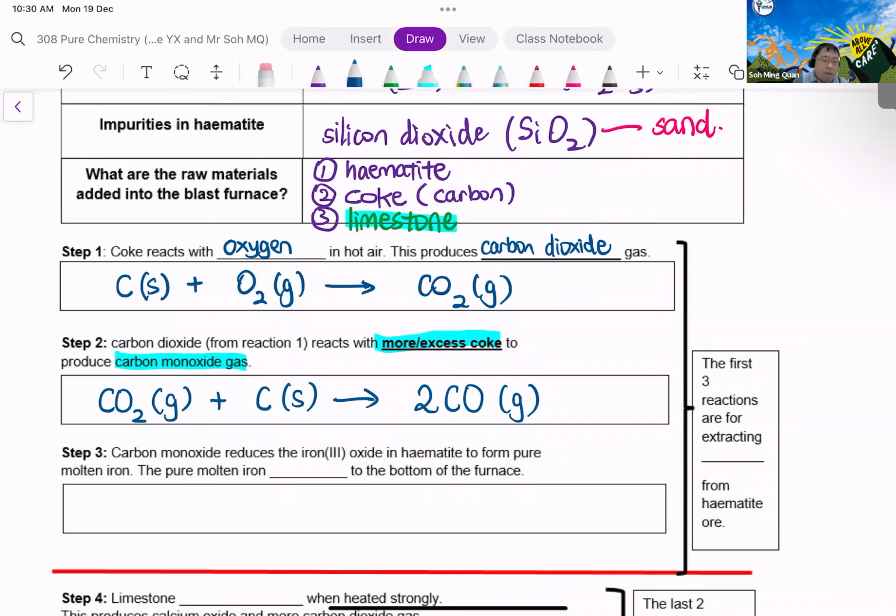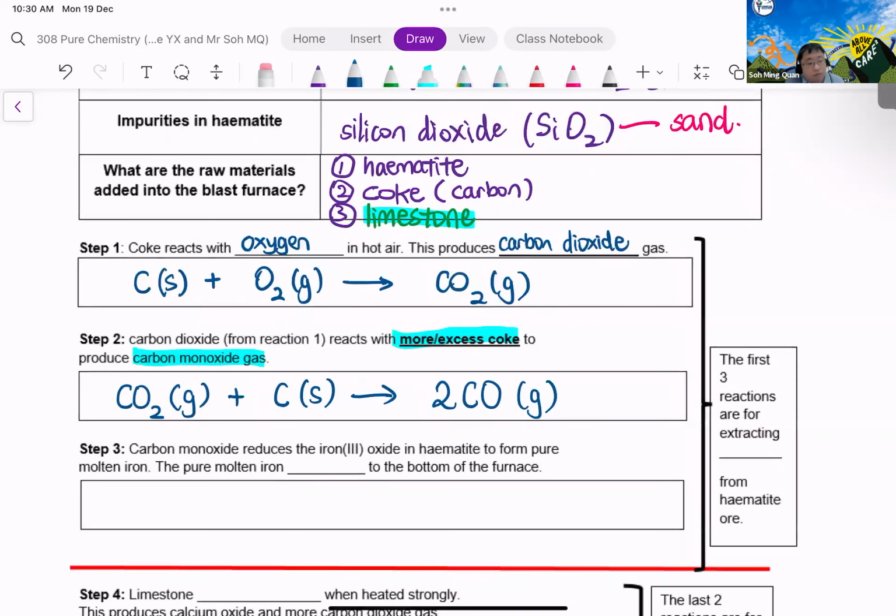Why? Because in step 3, carbon monoxide reduces iron trioxide in hematite. And this helps you to form molten iron. The molten iron would sink to the bottom of the furnace.